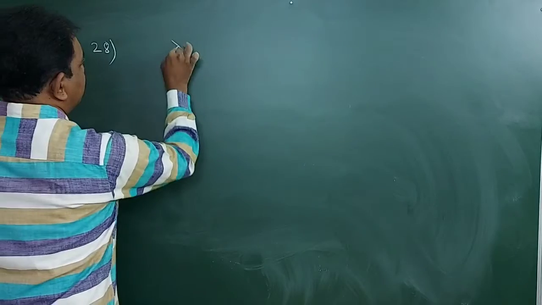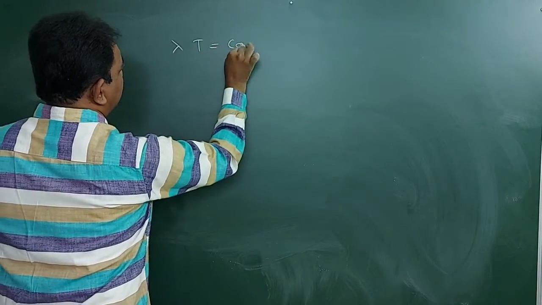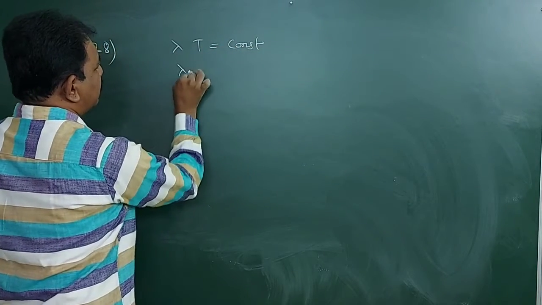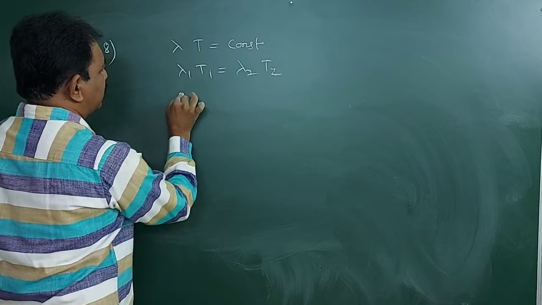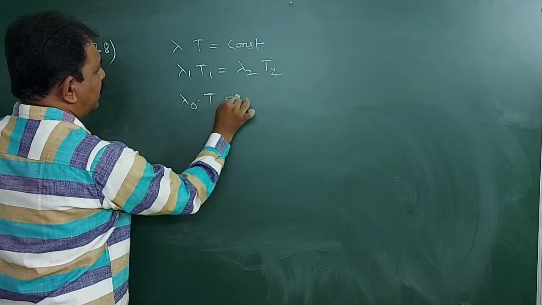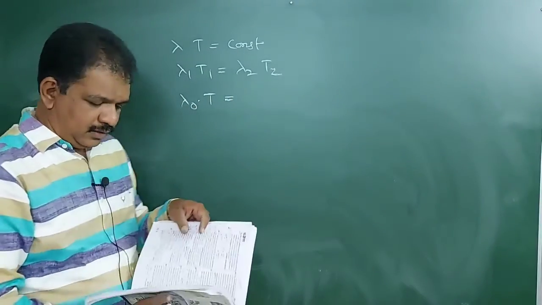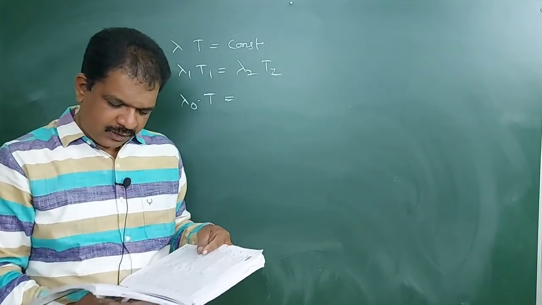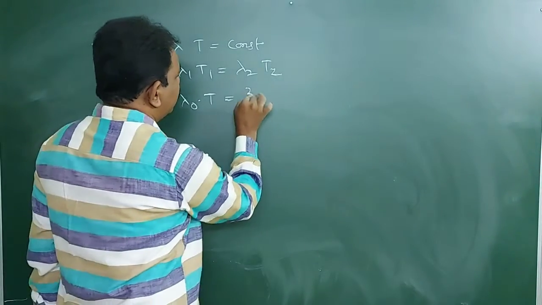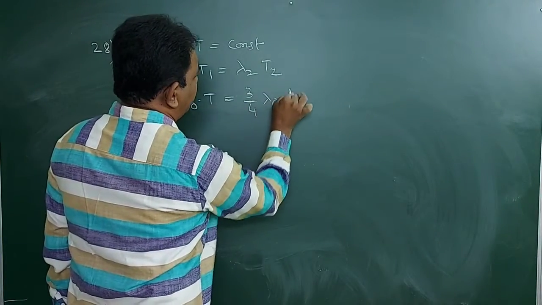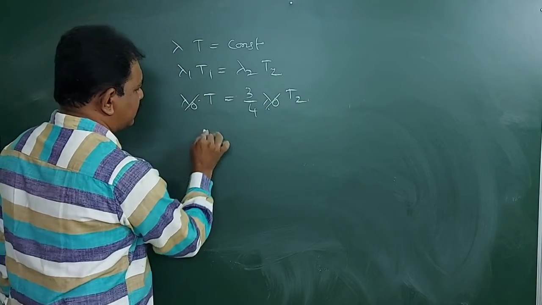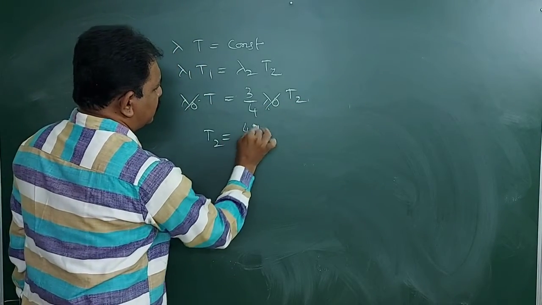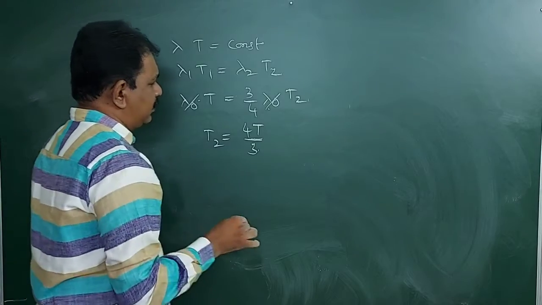See, Wien's displacement law: lambda T is equal to constant. Lambda 1 T1 is equal to lambda 2 T2. Lambda naught into T is equal to 3/4 lambda naught into T2. These two will cancel. T2 is equal to 4T/3.